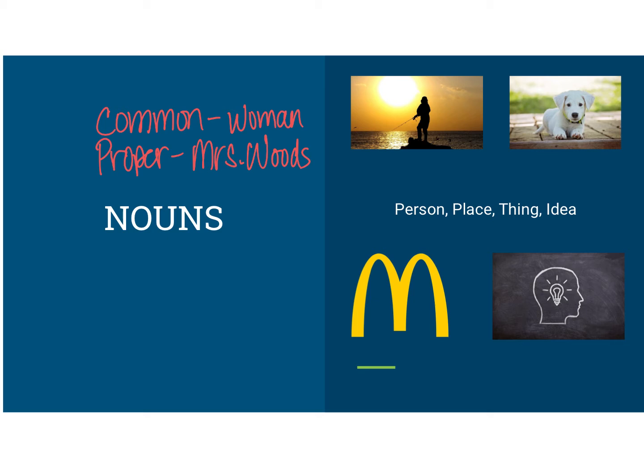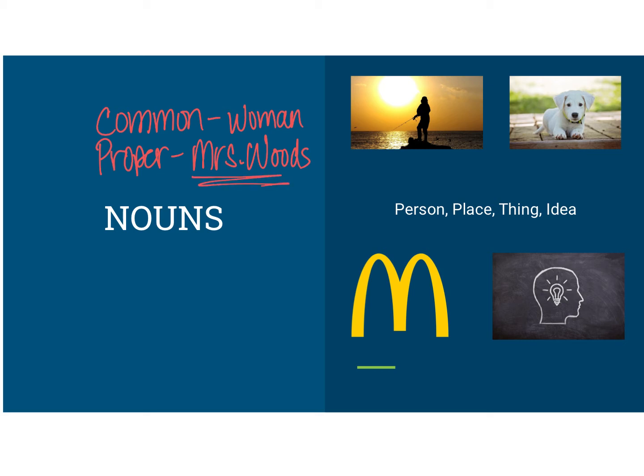It's just common. The woman walked across the street. But then when you are very specific on who that woman is, it's Mrs. Woods walked across the street. Then you have a proper noun. And when you have a proper noun, whether it is a person's name, whether it's a planet, a place, a restaurant, a certain type of animal, whatever it is, you must capitalize it.